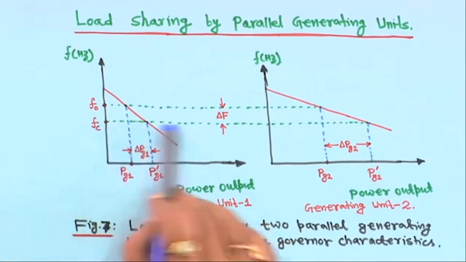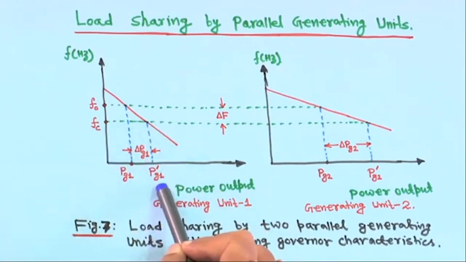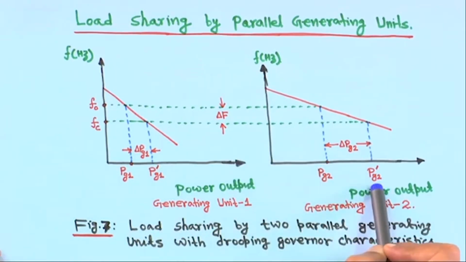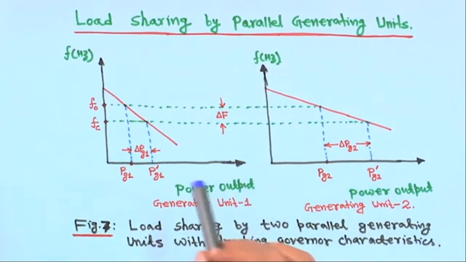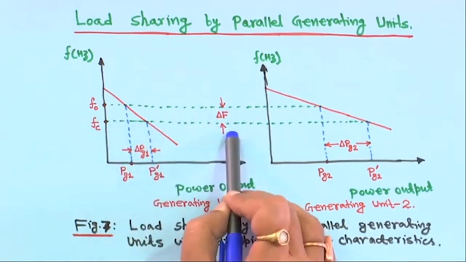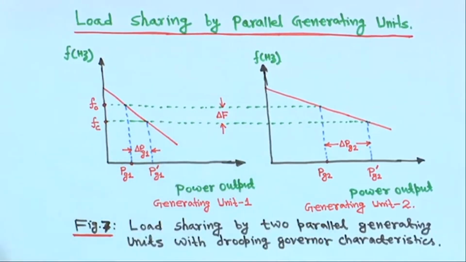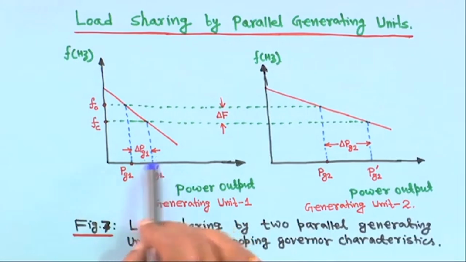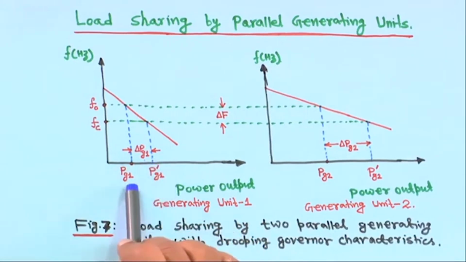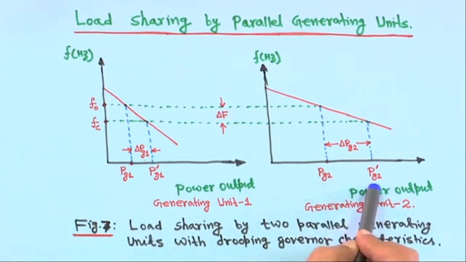For that case you draw a horizontal line. According to the droop characteristic, this generator is generating power Pg1 dash and generator 2 is generating power Pg2 dash. Because of this, the change in frequency delta F will be F0 minus Fc. Delta Pg1 will be Pg1 dash minus Pg1, and delta Pg2 will be Pg2 dash minus Pg2.